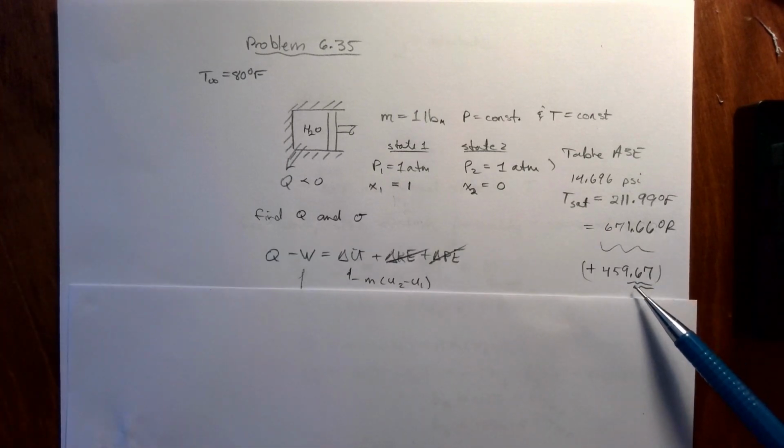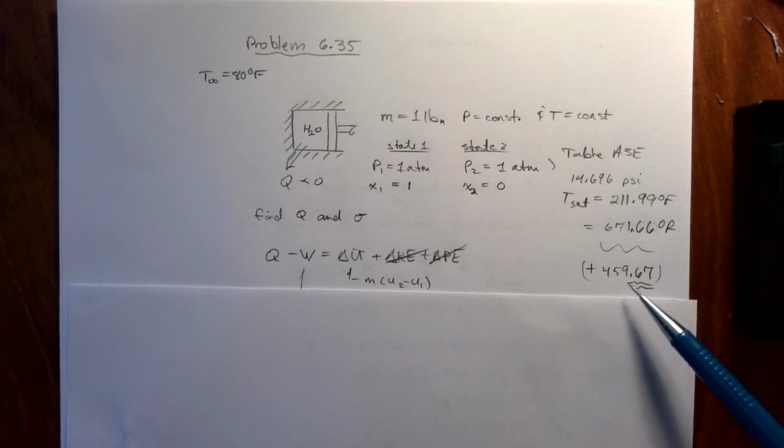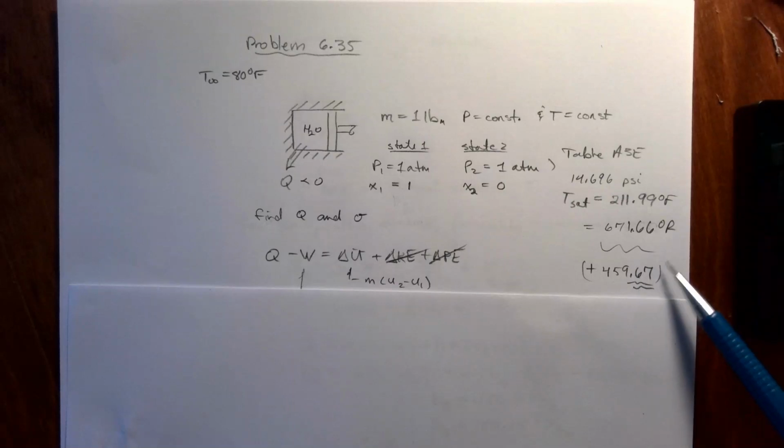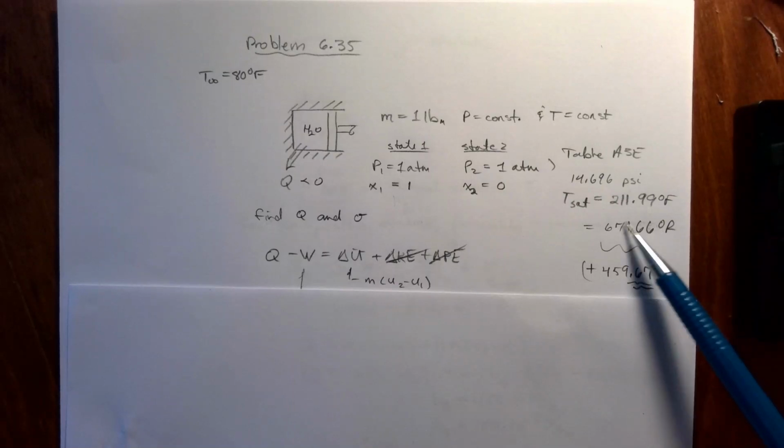Evaluating the second law is crucial, since sigma can be a very small number, maybe a little bit positive or a little bit negative. So it's important to keep 5 digits of accuracy here. Don't use 460, use 459.67 when you convert, and keep 5 digits of accuracy in all your temperatures.